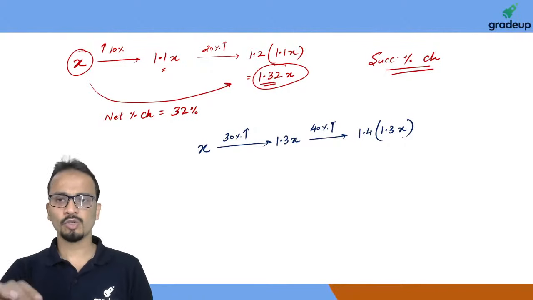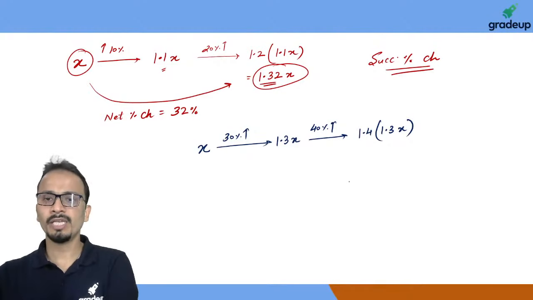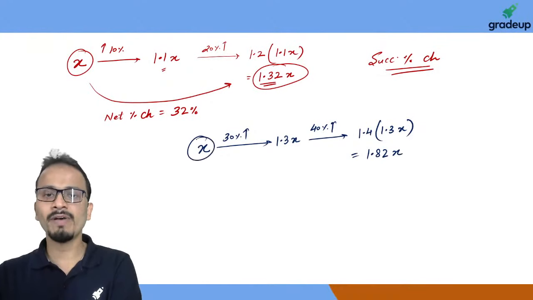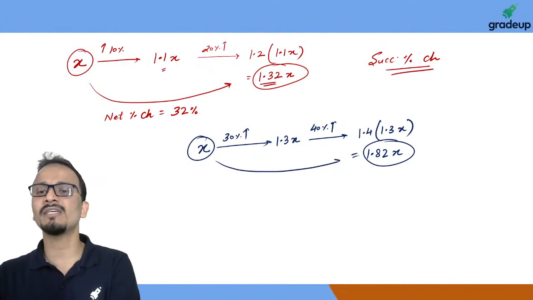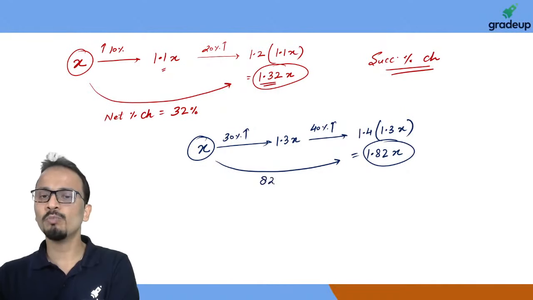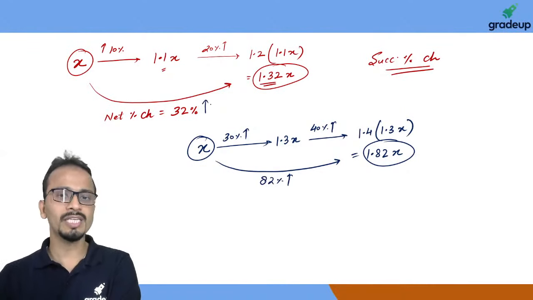If I multiply 1.4 and 1.3, I'll get 1.82 times x. The original value was x, the final value is 1.82x. The factor here is 1.82, and I can say that the net percentage change is an 82 percentage increase. Earlier it was a 32% increase.